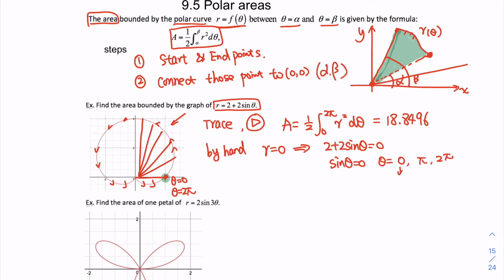This one gives us r equals 2 at theta equals 0 and 2 pi. But pi is not right, because when r equals 2 and theta equals pi, it only gets here. So we have to pick 0 and 2 pi. That's why our angle is from 0 to 2 pi.